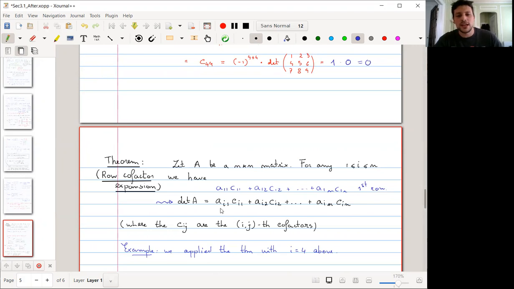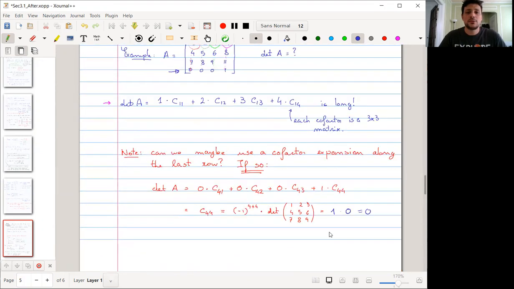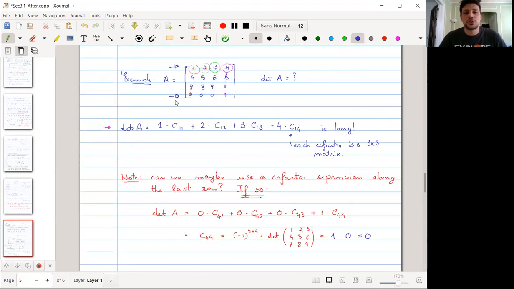Instead, we can start at any row and replace all those ones above with i's in the row index, and we still get the same result. An example of why this is useful is what we just saw. In this matrix, it's much more convenient to use a cofactor expansion along the last row rather than the first one.